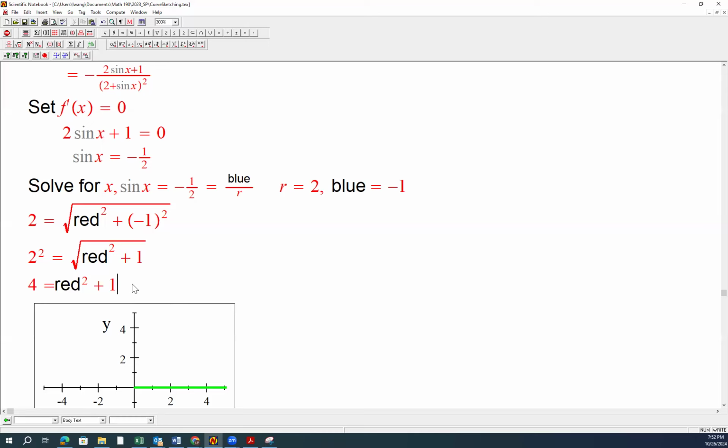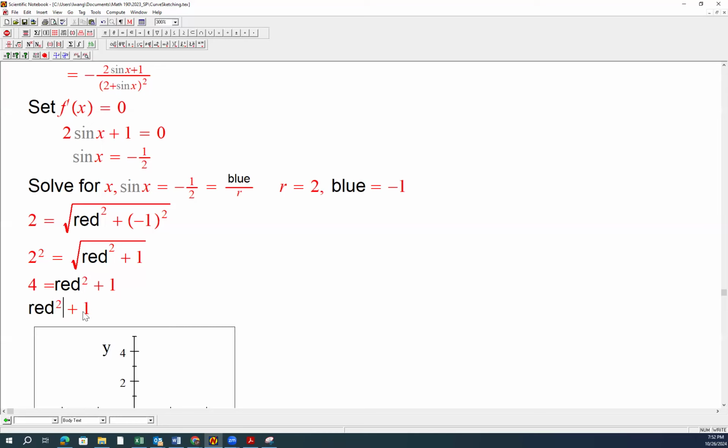Subtract 1 on both sides, so red squared is equal to 3.